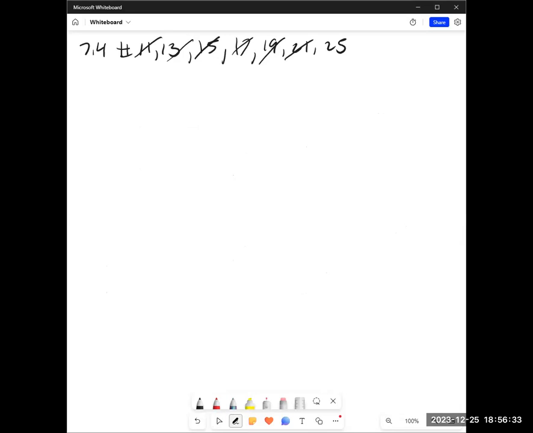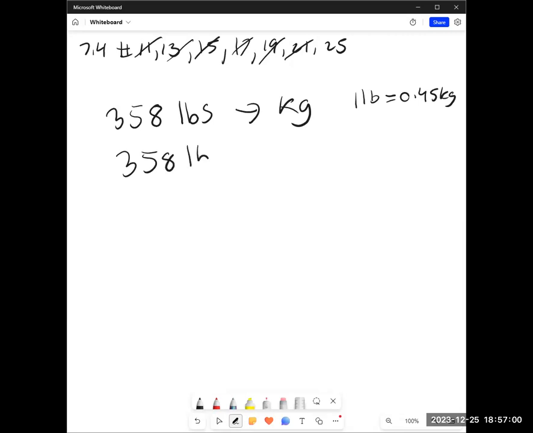So make an approximate conversion from English to metric units. We have 358 pounds to kilograms, and we have already used this, that 1 pound is equal to 0.45 kilograms. So 358 pounds times 1 pound on the bottom here, 0.45 kilograms on top.